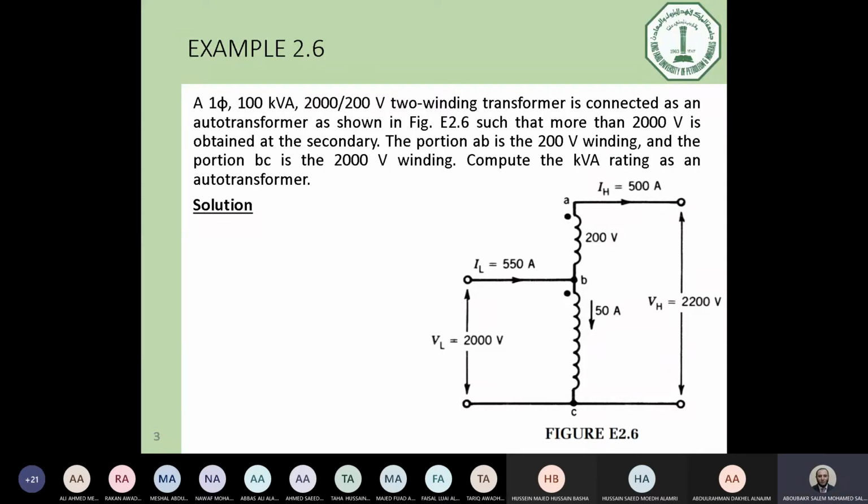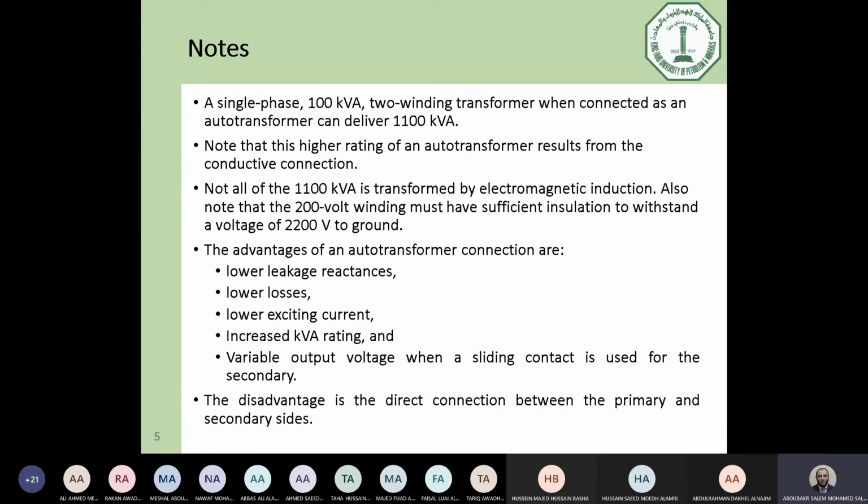So now you conduct two different powers as we agreed here. The 1100 is composed of 100 coming from induction, or call it magnetic transfer, and the remainder will be due to conductive connection. Okay? Is it clear now?